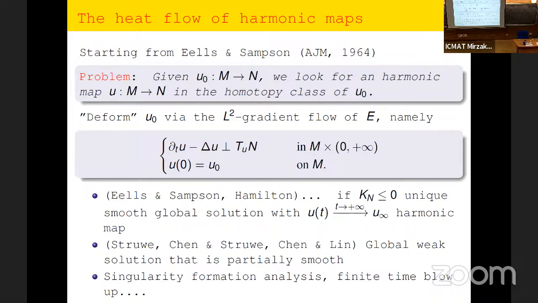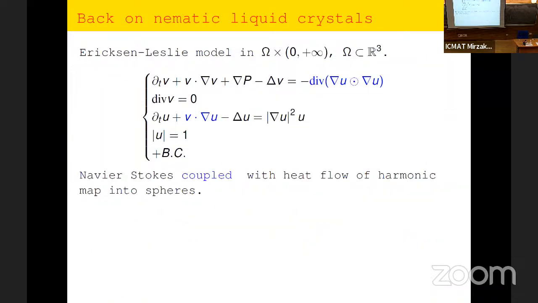This problem, of course, is interesting from the pure mathematical point of view, but it's interesting also from the application point of view, since it enters exactly in the liquid crystal model when you consider a dynamic situation. So if you really consider a liquid crystal which might flow, so not a static situation, you end up with this modeling. So you have Navier-Stokes here, which is coupled through this right-hand side with the harmonic map heat flow into the sphere, again with this transport term.